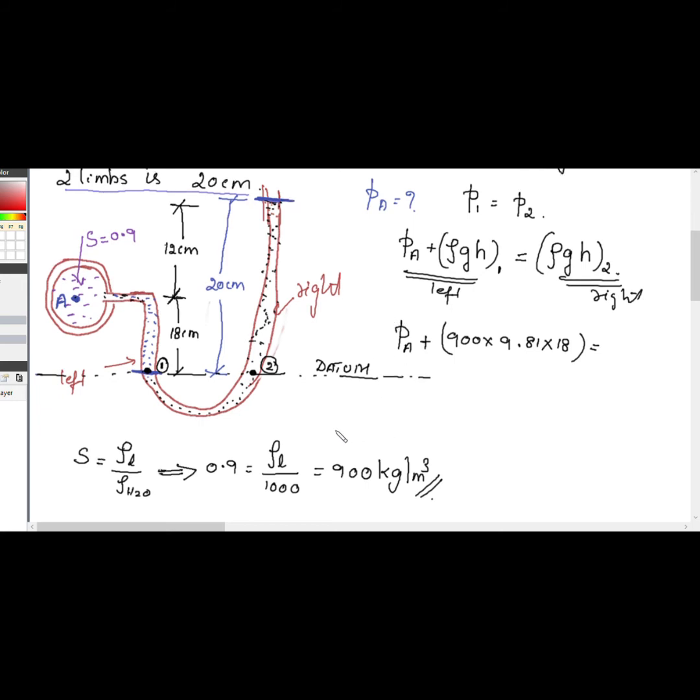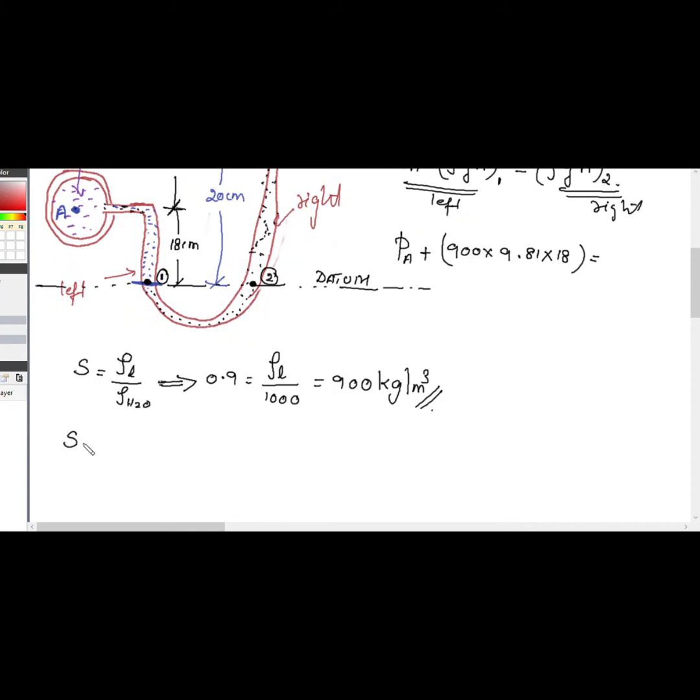We know the standard value for specific gravity of mercury is 13.6, from which we get the density of mercury equal to 13.6 into 1000, that is 13600 kilogram per meter cube.